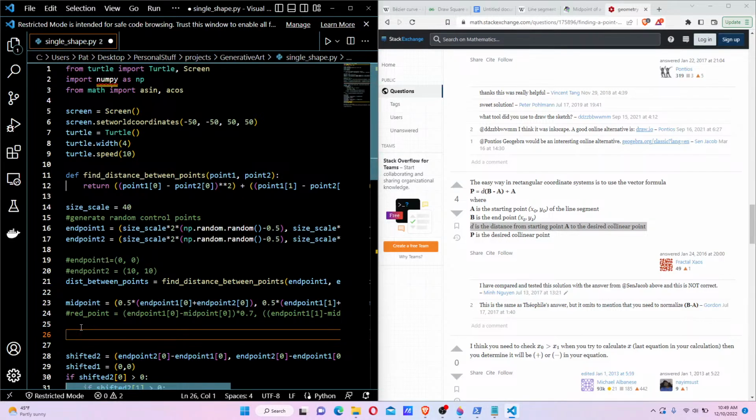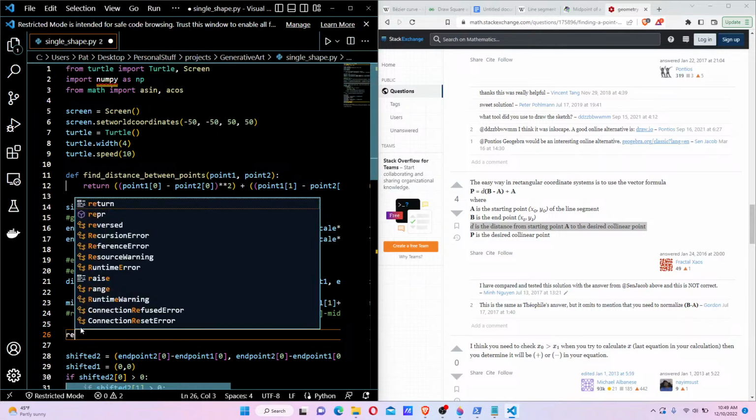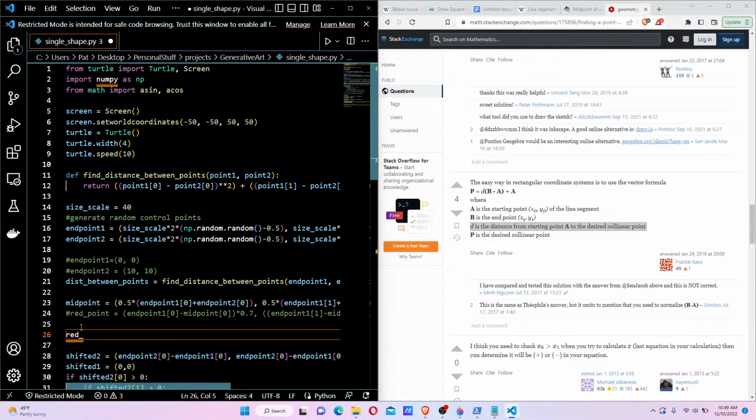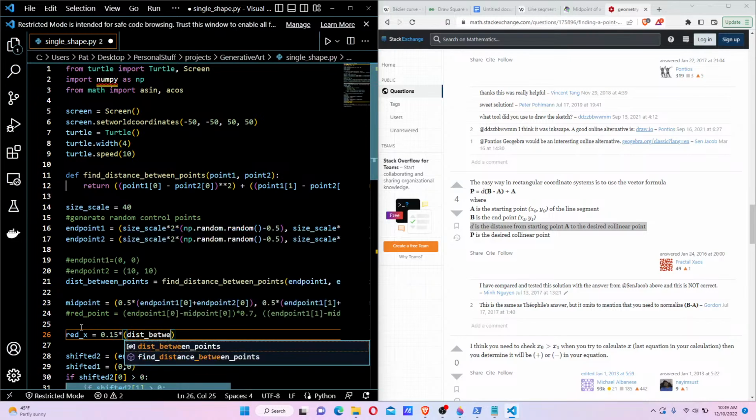So red x is equal to 0.15 times the distance between points. Okay, so red x is equal to 0.15 times the distance between points times b.